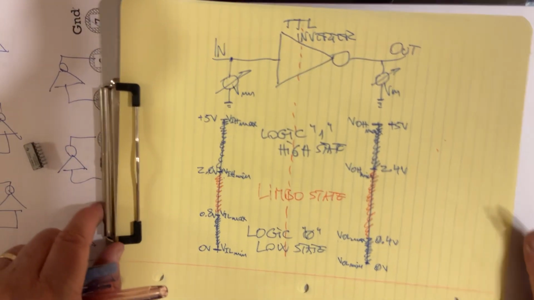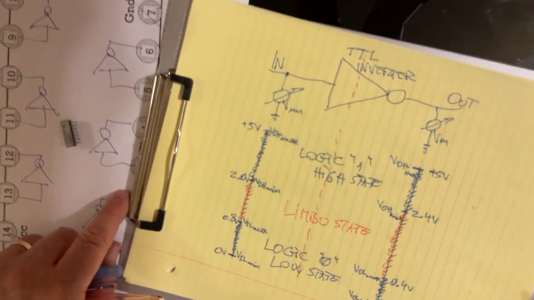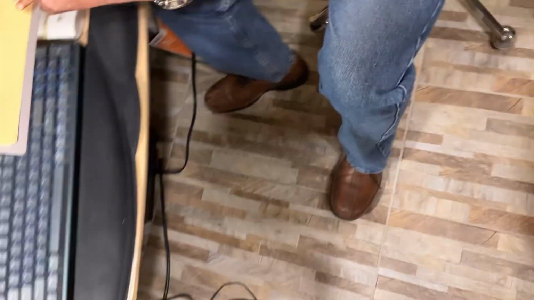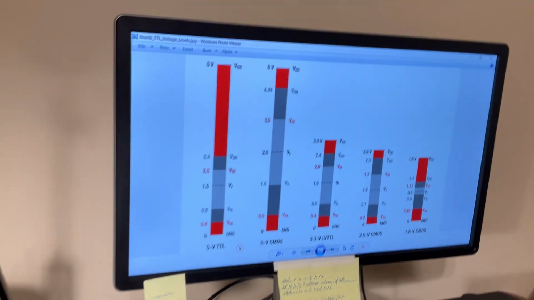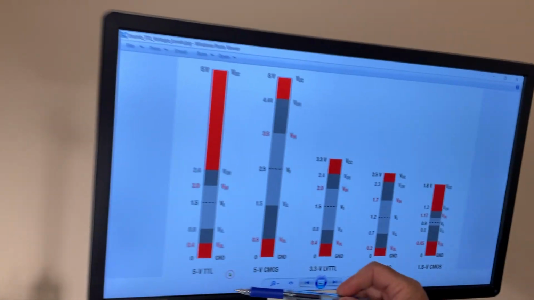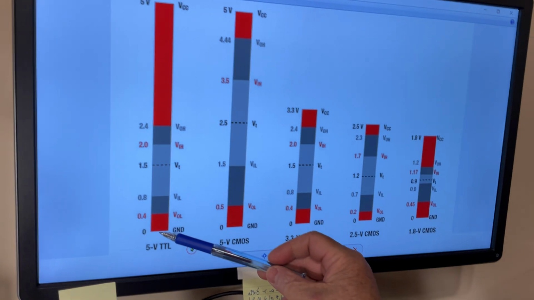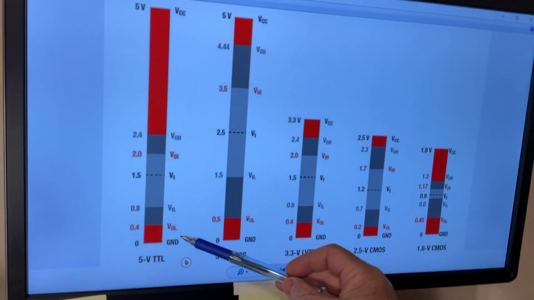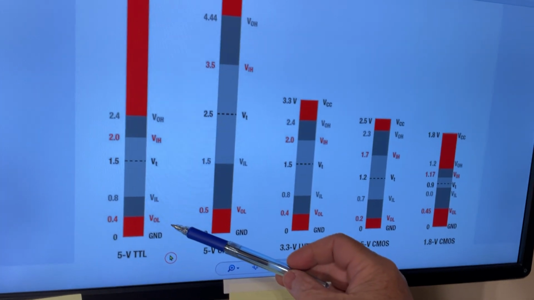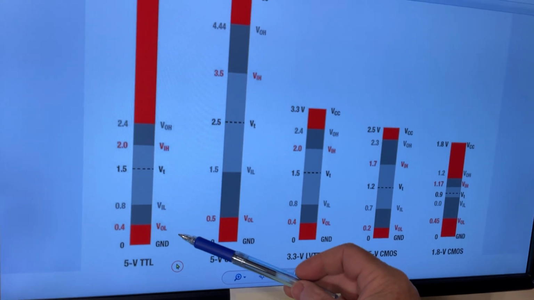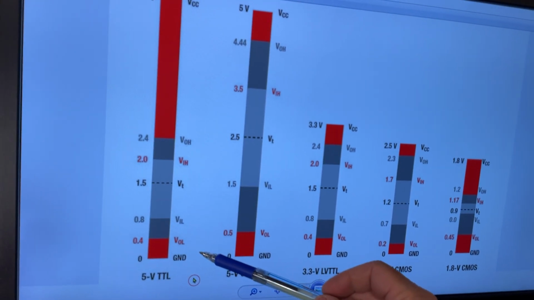And the last thing we do, if we move again to see what the manufacturer tells us, we are right here. And you are going to find all these values. Take a look. 0.4 is VOL. They didn't say so, but this is the VOL maximum.